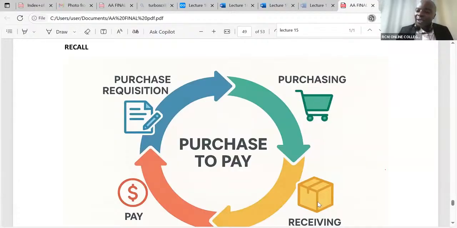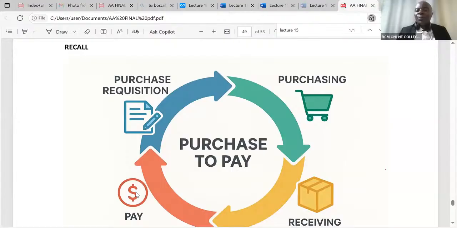The person receiving, as you prepare your goods received note, you should be matching your goods received note with the PR, purchase requisition, and the purchase order. These 3 documents will be put together, plus the invoice that has been raised by the supplier and given to the accountant. So the accountant will be able to prepare a check.